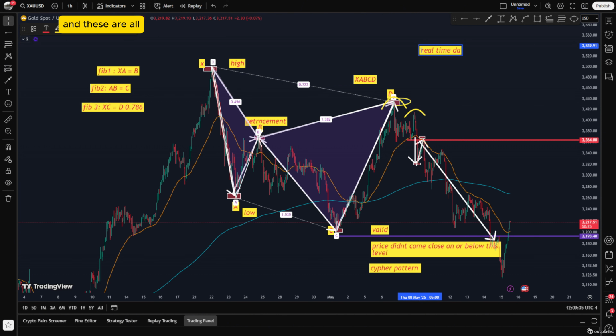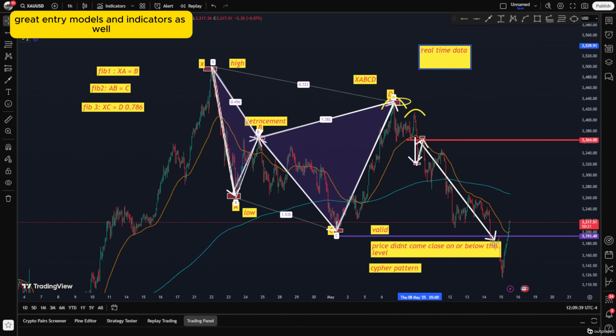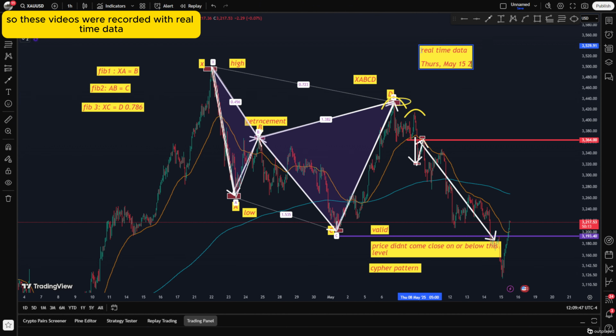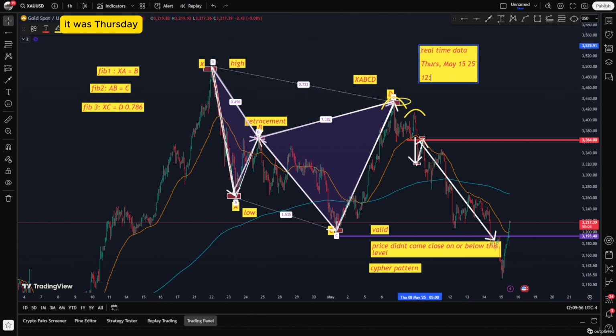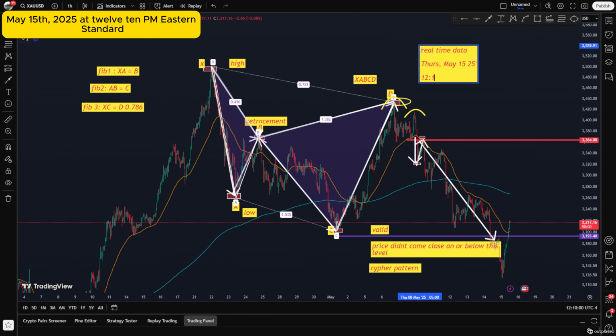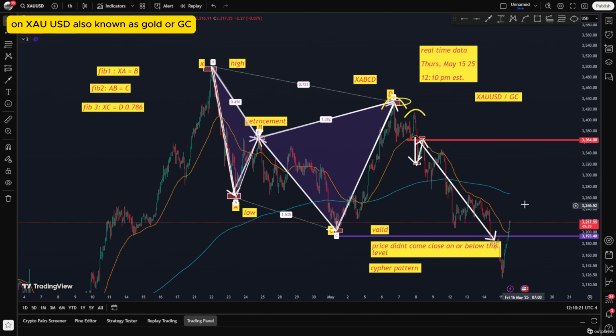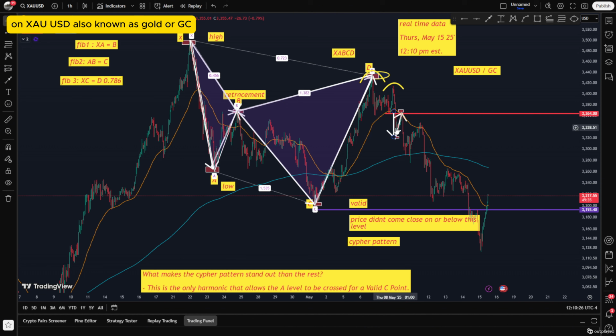And these are all great entry models and indicators as well. So these videos were recorded with real-time data. It was Thursday, May 15th, 2025 at 12:10 p.m. Eastern Standard on XAU USD, also known as gold or GC.